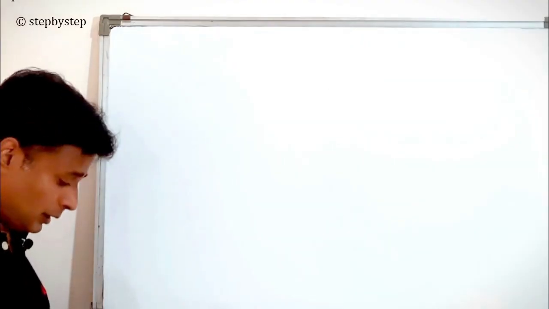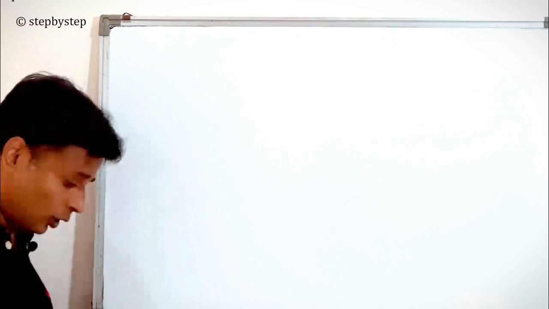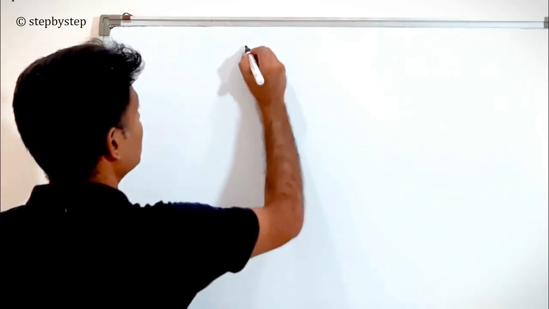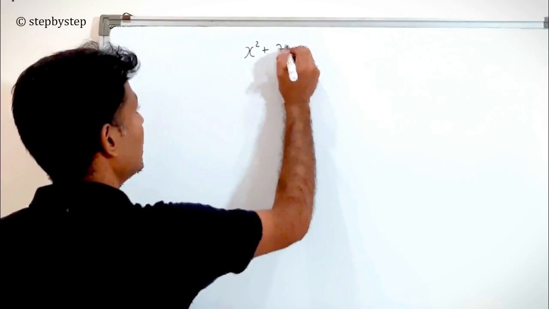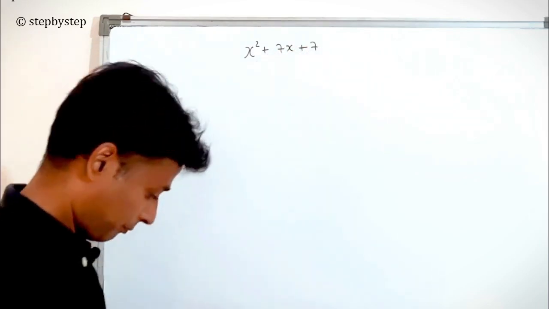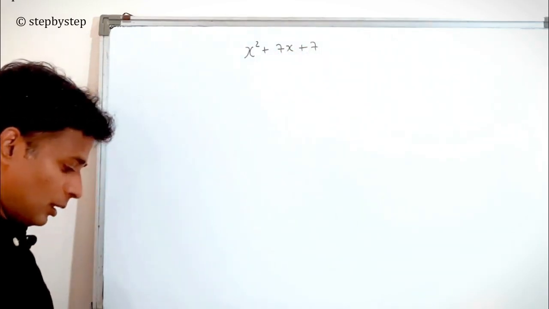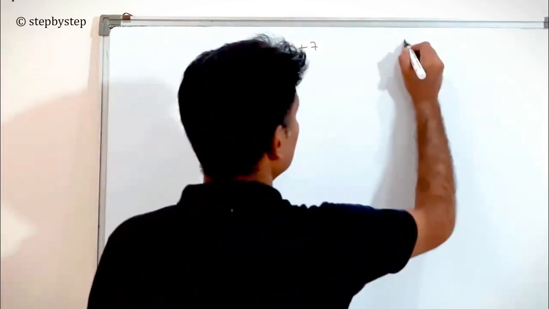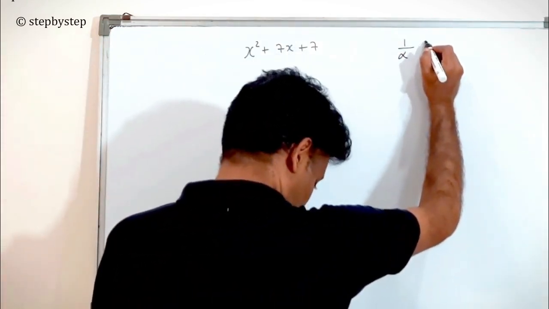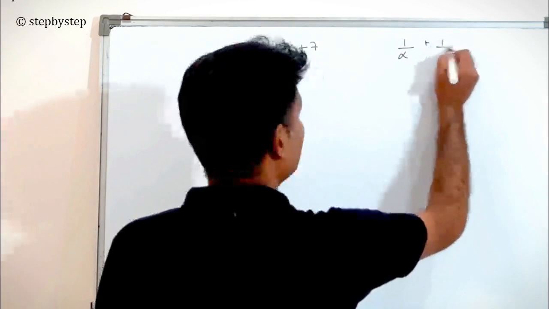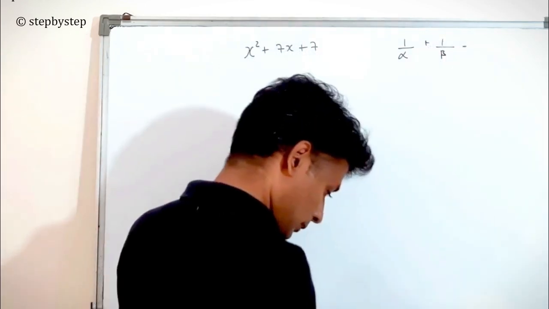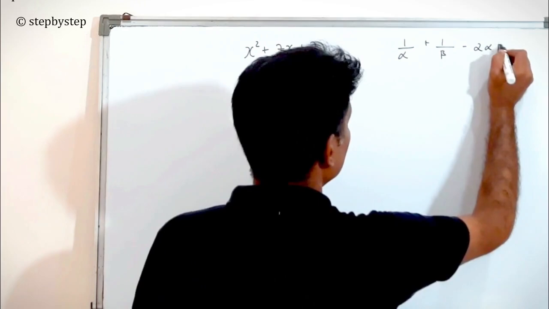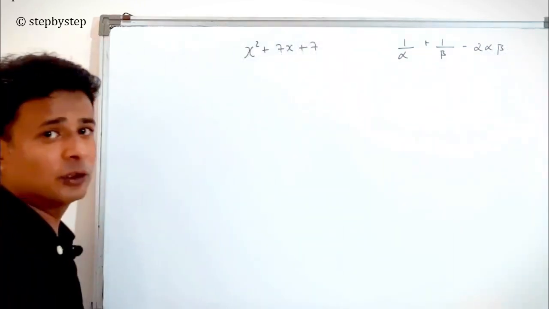Now the third question, if alpha and beta are zeros of x square plus 7x plus 7, find the values of 1 by alpha plus 1 by beta minus 2 alpha beta. So we need to find the values of this.